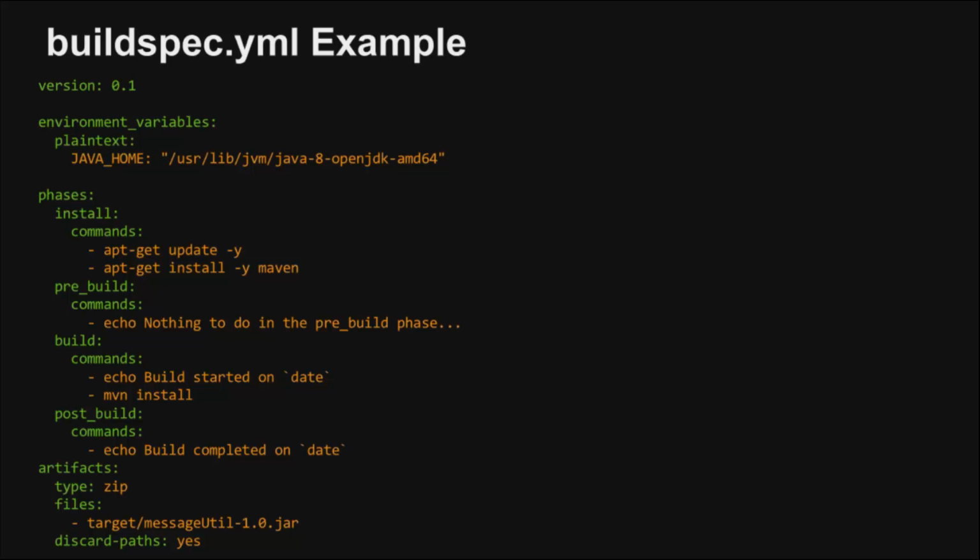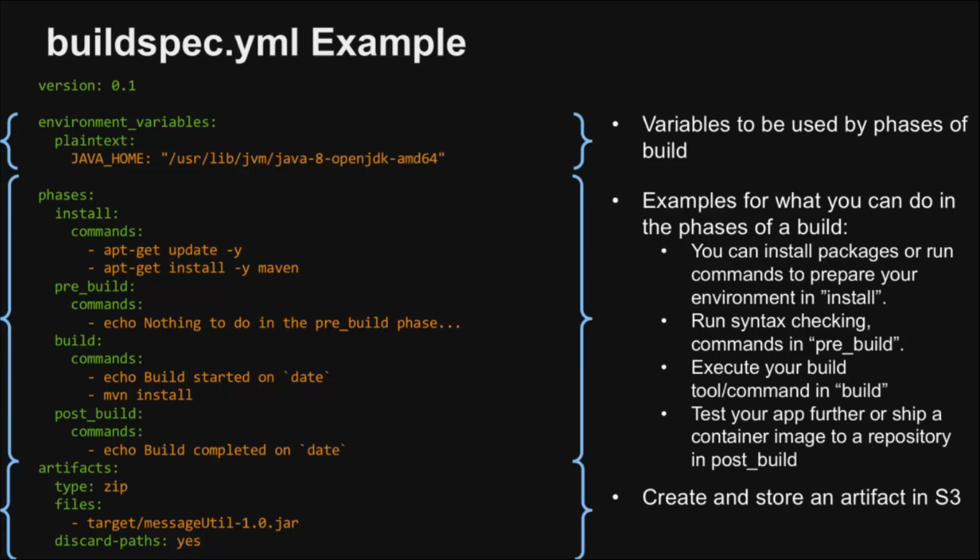For example, under install, we are updating our build environment, and in this case, it's Java code, so we're also installing Maven, which will handle the dependencies. Pre-build, there happens to be nothing in this particular case, but then we have the build, which is kicking off the Maven install. Post-build, there actually is nothing in this example, but a post-build could also be a series of unit tests that you want the build artifact to be tested against, and that would be very common.